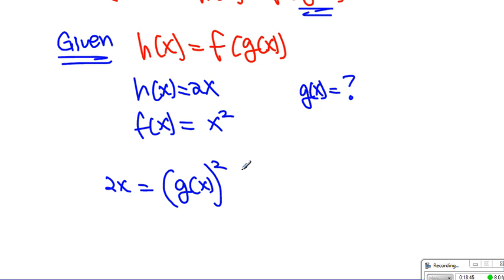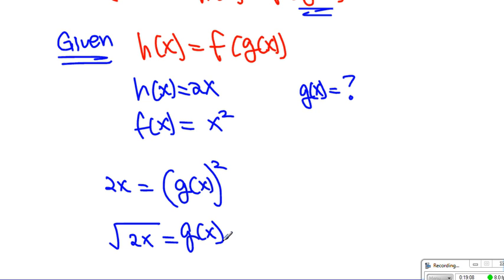That's basically what we'll end up getting. Now, how are we going to have g of x by itself? Basically, we need to get rid of the square. One way in which we can do it is simply taking the square root on both sides. So we'll end up getting g of x equal to the square root of 2x.